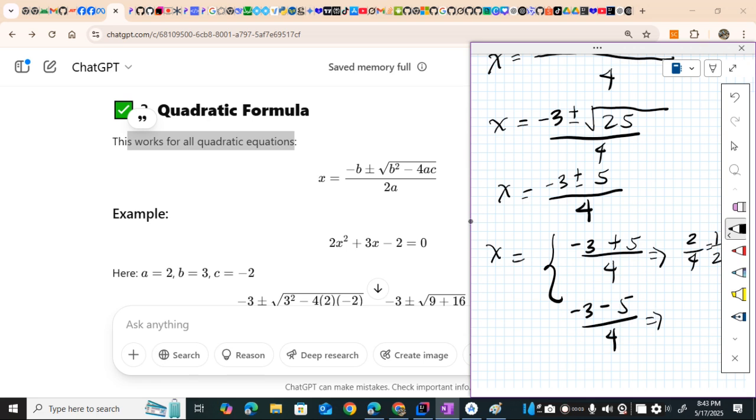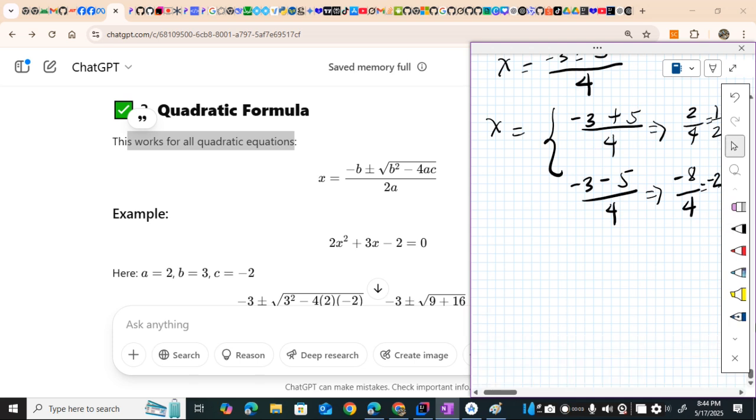And the other one is minus 3 minus 5, that's negative 8 over 4, which gives us minus 2. Hence, the two roots to our equation are x equals 0.5, that's 1 half, and the other one is negative 2.